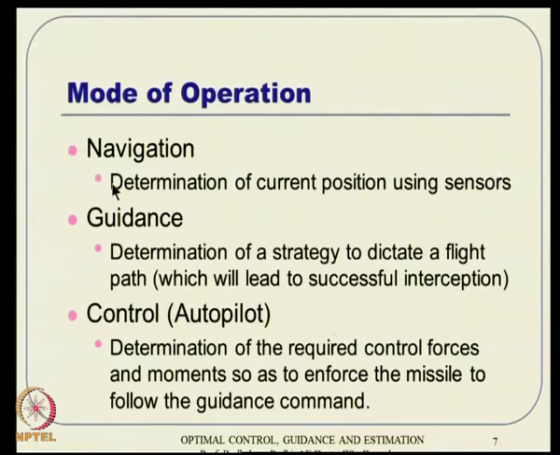Then guidance gives the way to go, the flight path to take. And the control or the autopilot essentially generates all the necessary control forces and moments to ensure that the guidance path is followed actually. It means whatever the guidance is giving as a command is actually getting tracked by the autopilot system. So, all the three are in unison really.